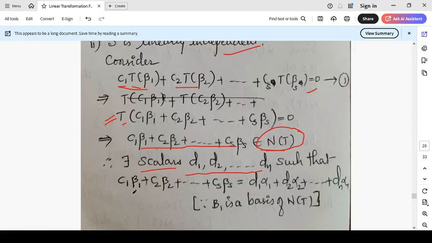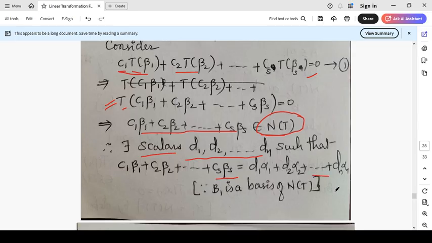So C1 beta 1 plus C2 beta 2 plus so on plus Cs beta s is equal to d1 alpha 1 plus d2 alpha 2 and so on, dn alpha n.